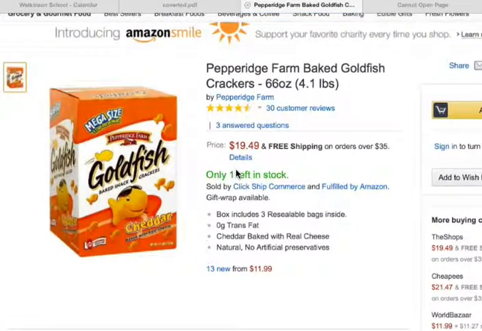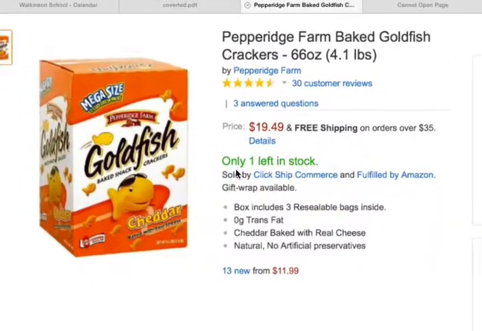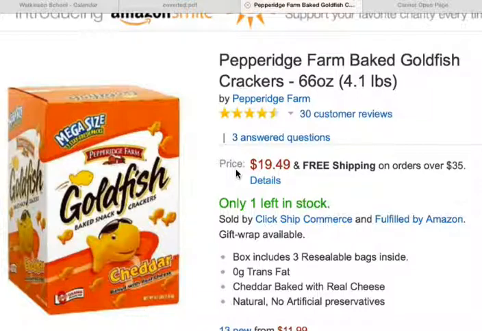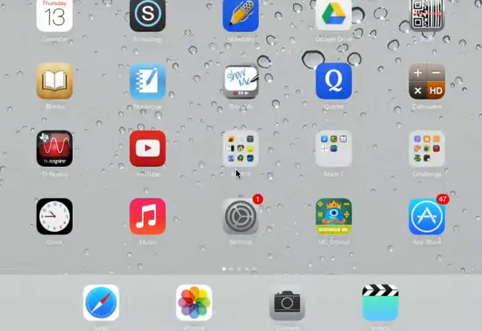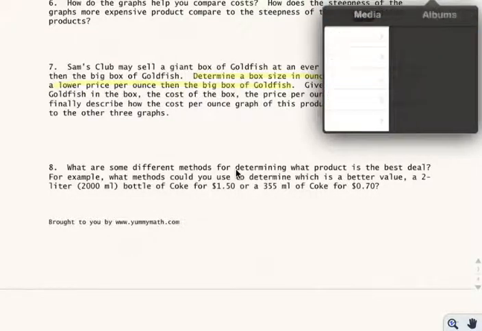It's the mega size, and it says the Pepperidge Farm goldfish crackers are 66 ounces, and the price is about $20. So let's take that information with us, and that way we can throw it right into our document to work with.